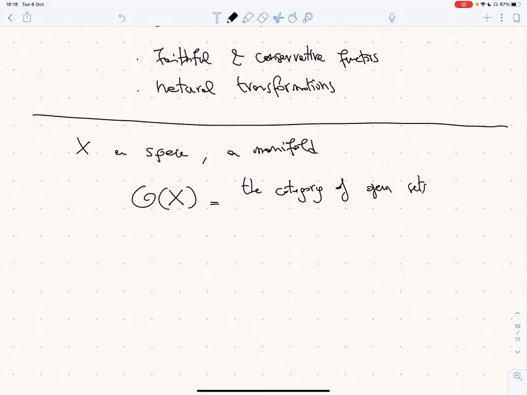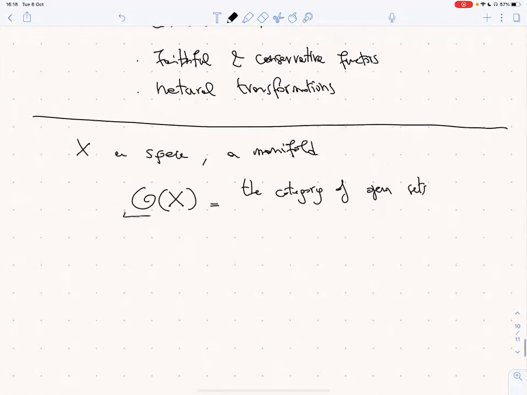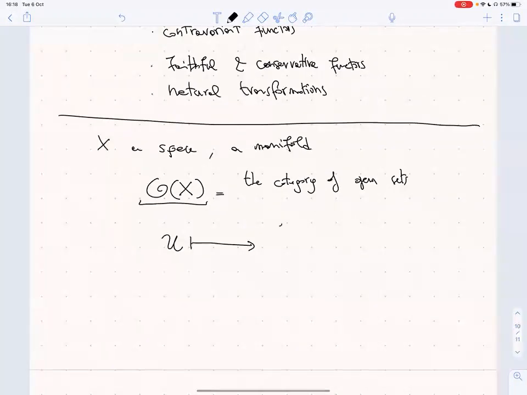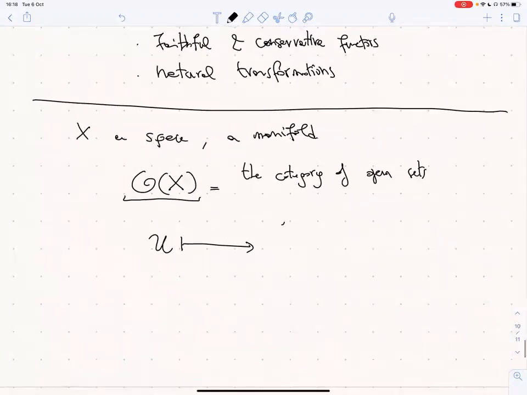So again, this is the poset, the category associated to the poset of open sets, yes? Now, we can define an assignment that takes U and sends it to the continuous functions from U into real numbers, okay?